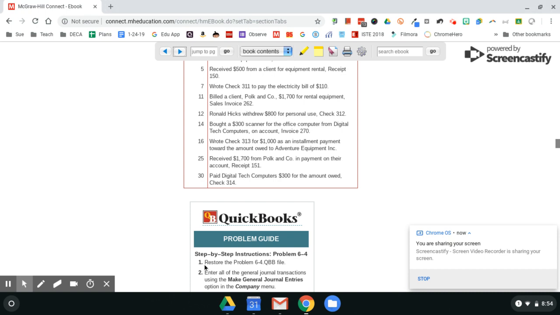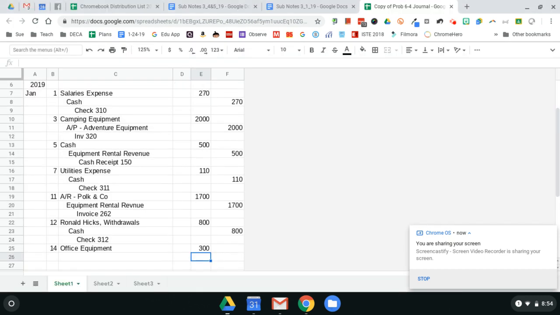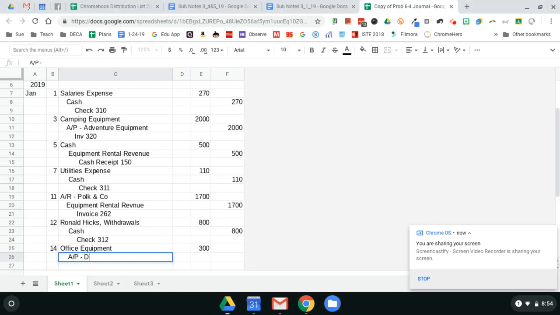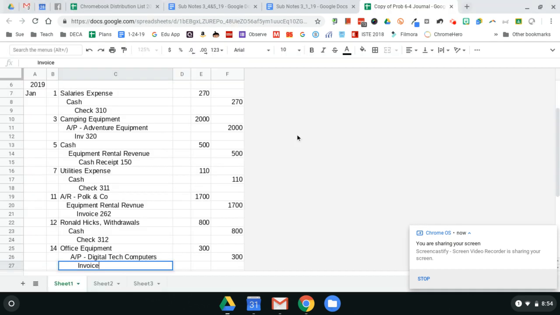And the amount for that is going to be $300. And Digital Tech Computers. Okay, and then we're going to have an invoice of some sort from that company. And the invoices never go in order because they're from different companies. So it's not like a check where you know what the next check number is going to be.